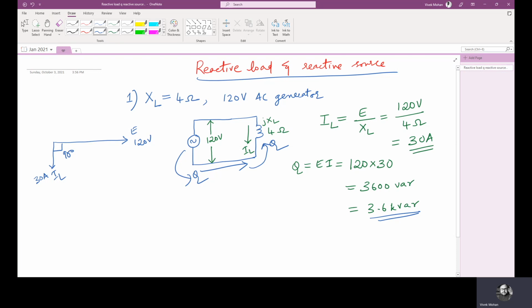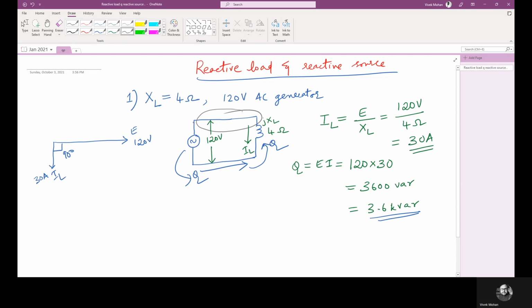Now IL lags 90 degrees behind the voltage E. So this phasor diagram applies to the reactive load and the reactive source, where the reactive load is the reactor and the reactive source is the AC generator, as well as the line connecting them.